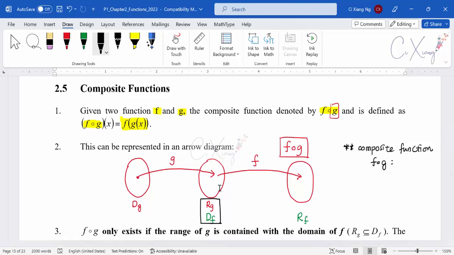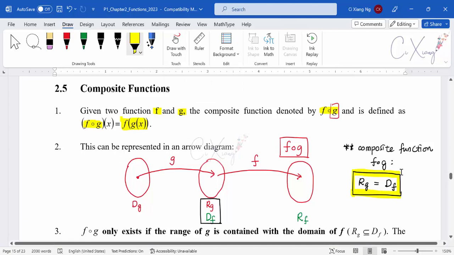So the important result you should know is that the range of g should be equal to, or smaller than, the domain of f. By right it should be equal to or smaller than, but when you solve any question related to this concept, we usually use the equal sign so that you can solve it.